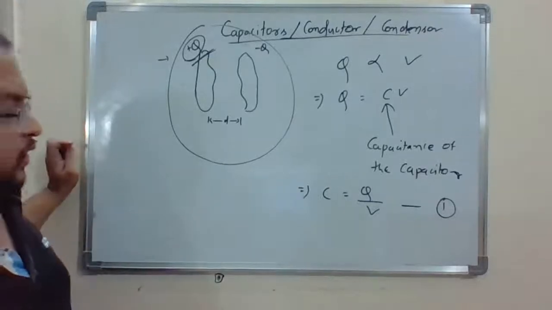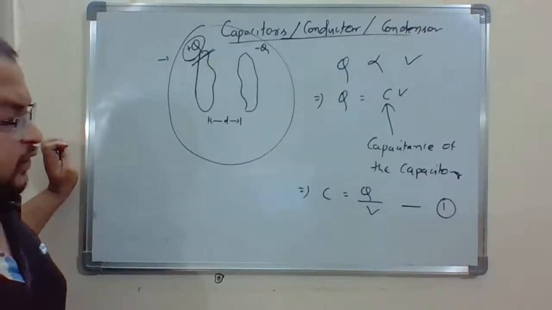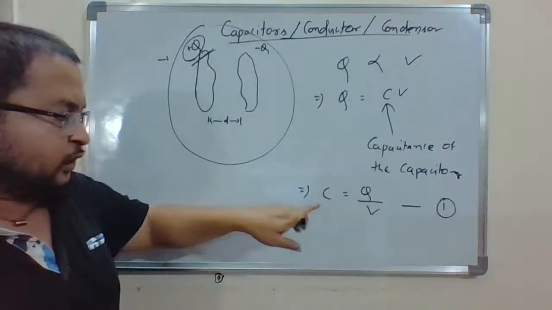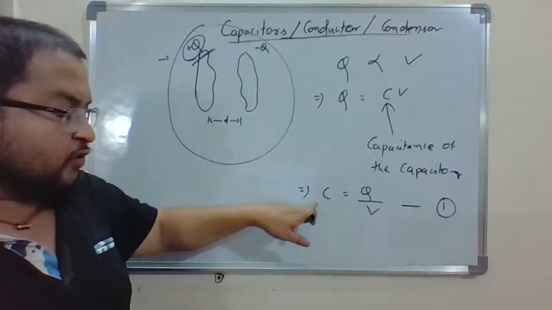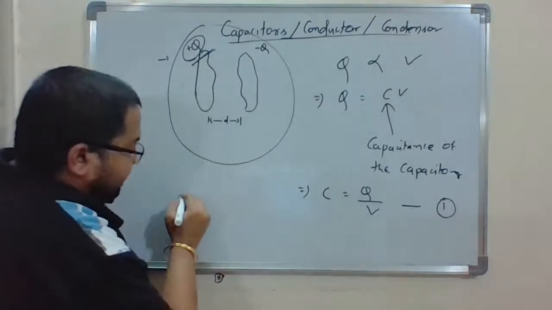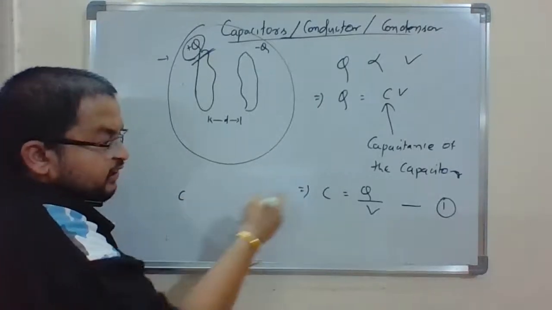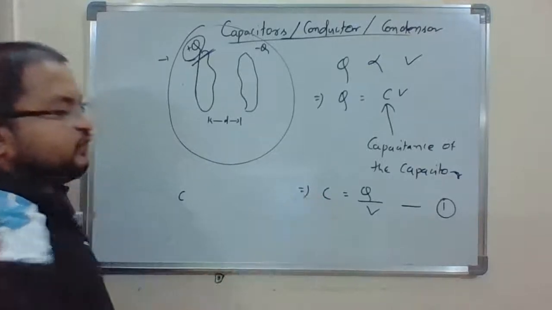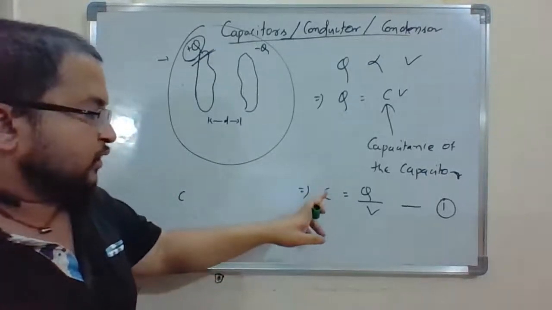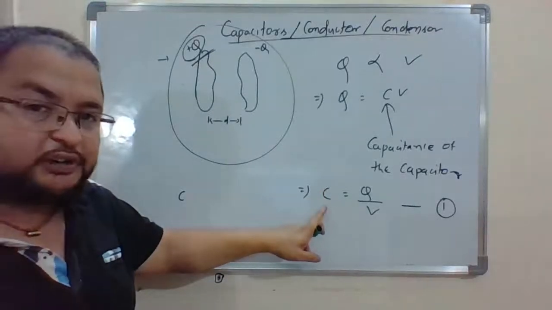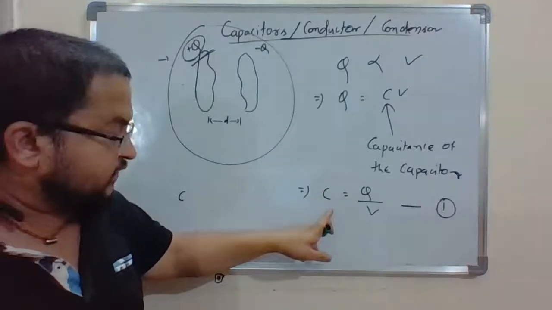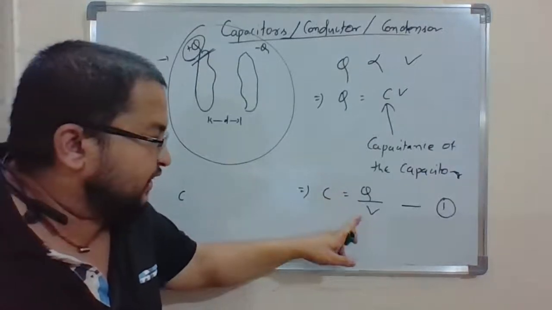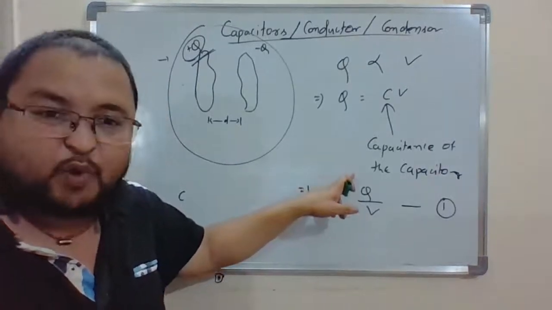Let us go into the units and dimensions of the capacitor. Students, capacitance C, the SI unit: capacitance is defined as the ability to hold charge, such that it is the amount of charge required to increase the potential difference by one.